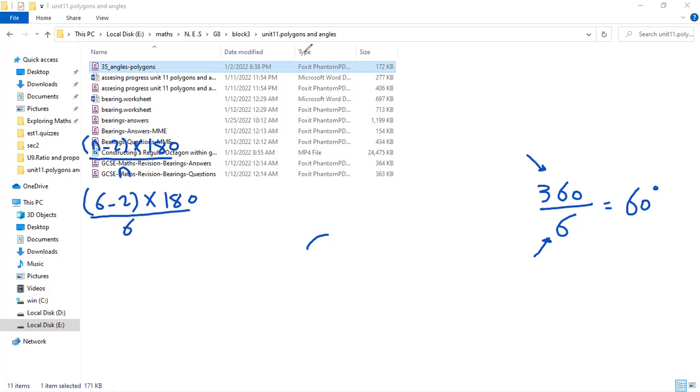It's 4 times 180, 720, divided by 6, 120. So the interior angle here is 120. And if you know the size of the interior angle, you are able to find the exterior angle, because the interior plus the exterior equals 180. So 180 minus 120 equals 60.